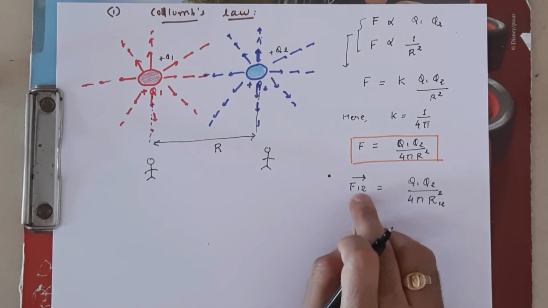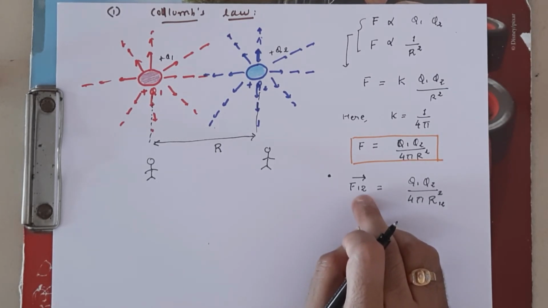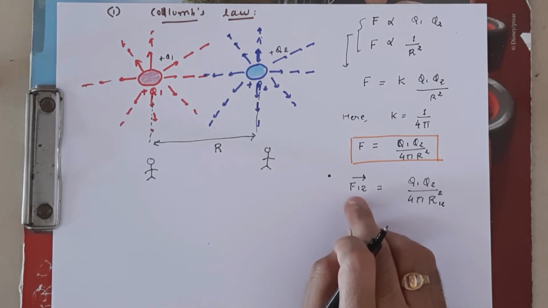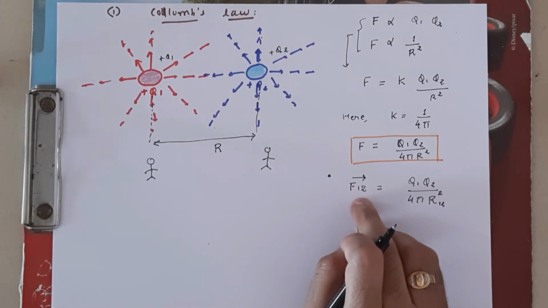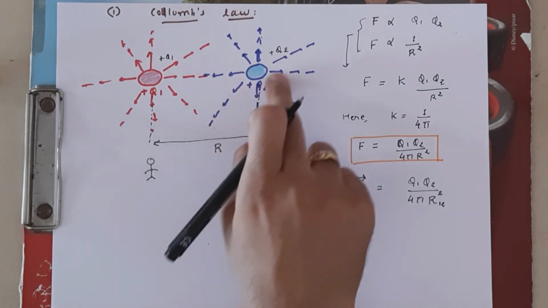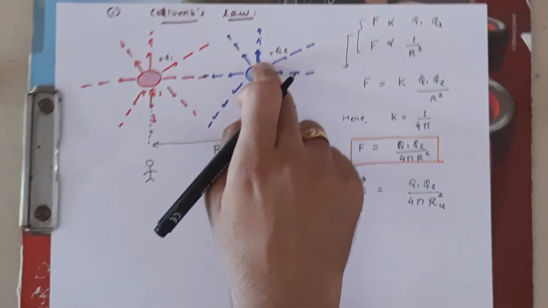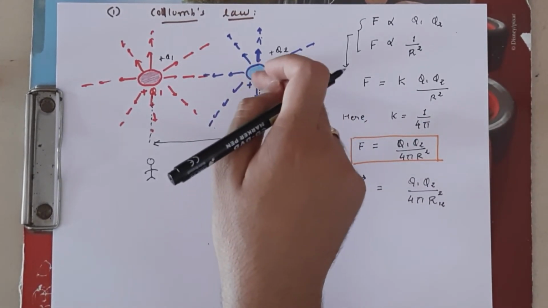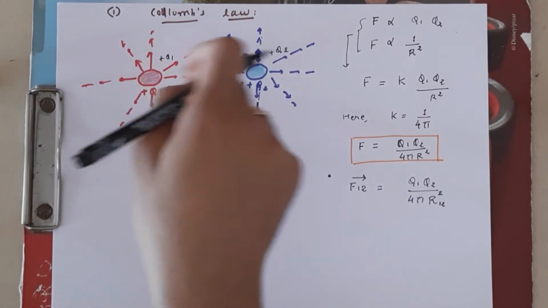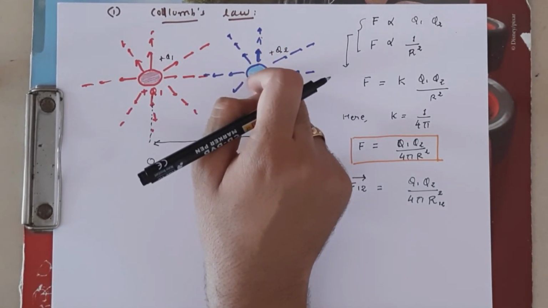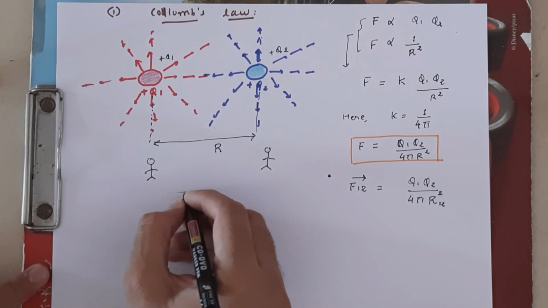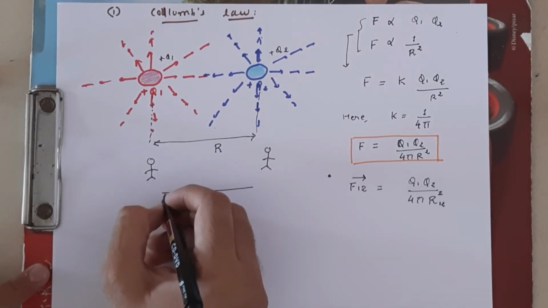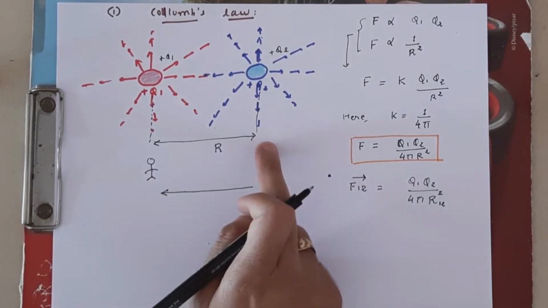So again, what is F12? Force on the first charge due to the electric field of the second charge. Here we have to consider the field of the second charge, and we consider how much force is exerted on the first charge due to the second charge. So in this case, this is my vector, from 1 to 2.